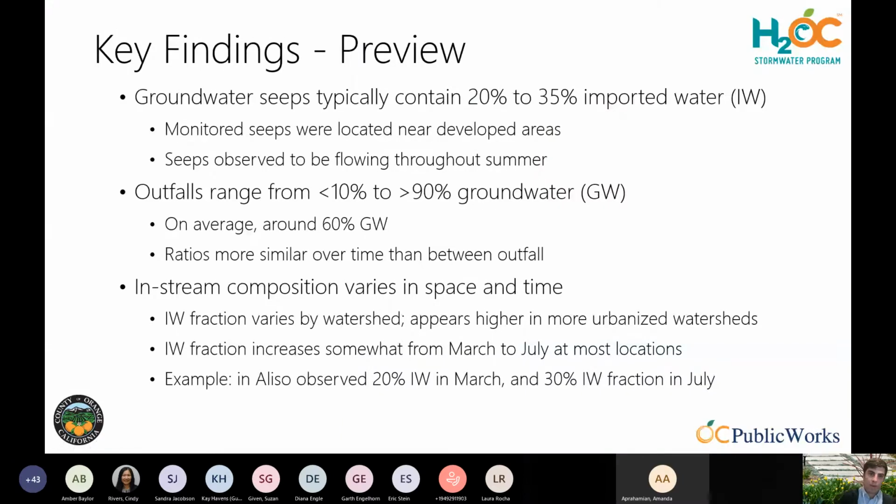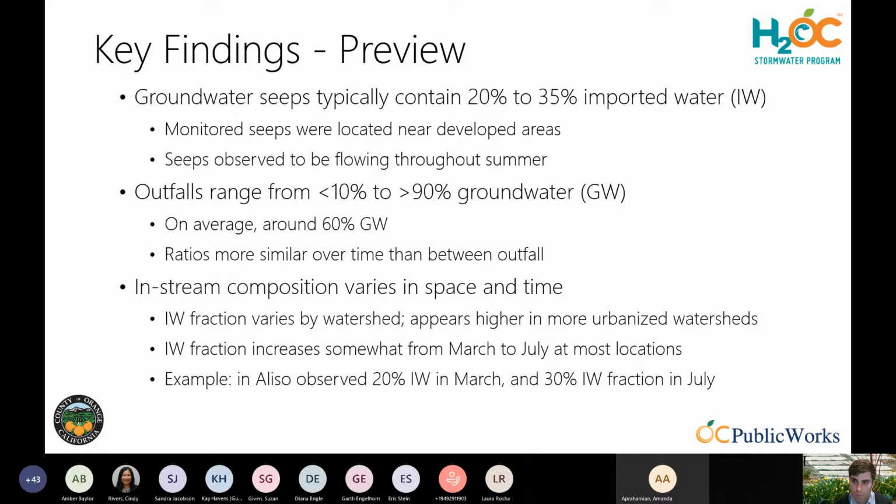So with that, we'll get into some of the data, but I wanted to give you a preview of the findings. We found that the groundwater seeps are continuously flowing through the summer. So these are not just perched and episodic groundwater. This is groundwater that's continuously flowing. It is predominantly rainwater, but it does contain a significant imported water signature.